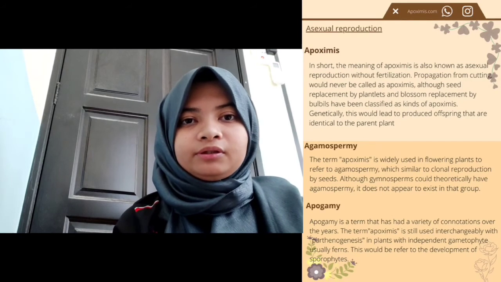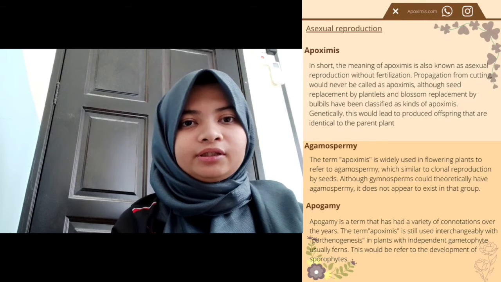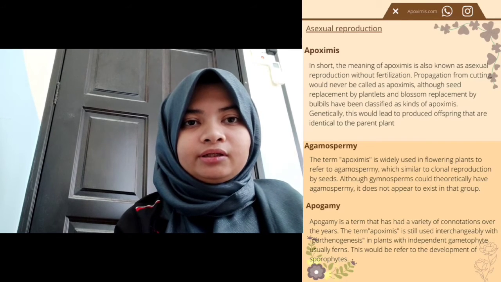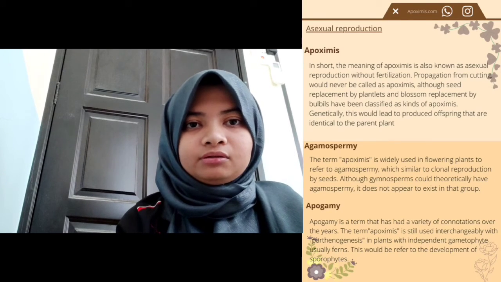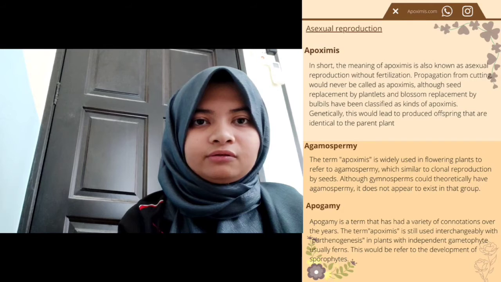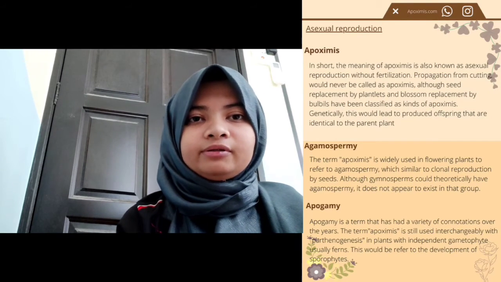The apomixis method is not similar to vegetative reproduction, like cutting from propagation. It can be described by the replacement by plantlets and blossoms. Then this would bring about the development of offspring that may look like the parent plant.